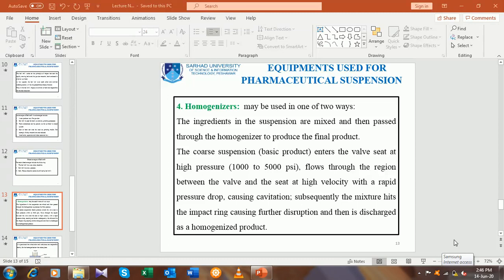Either in the first case, the ingredients in the suspension are mixed and then passed through the homogenizer to get the final product, and the second way is that the coarse suspension, the basic product, enters the wall and seat and is processed for homogenization.